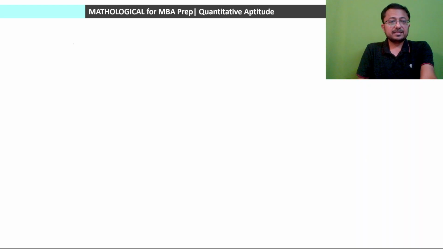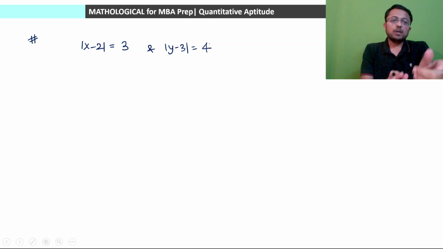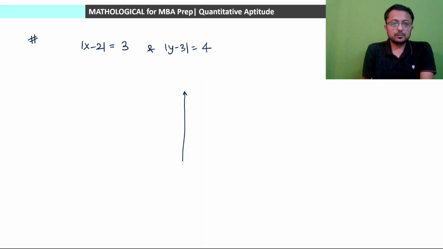The next one is a simple example. Let us say our equation is mod of x minus 2 equal to 3, and mod of y minus 3 equal to 4. So what will be the area under the curve? Mod of x minus 2 is equal to 3, so the distance of x from 2 is equal to 3.